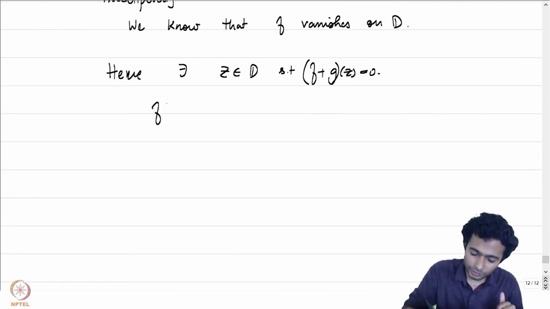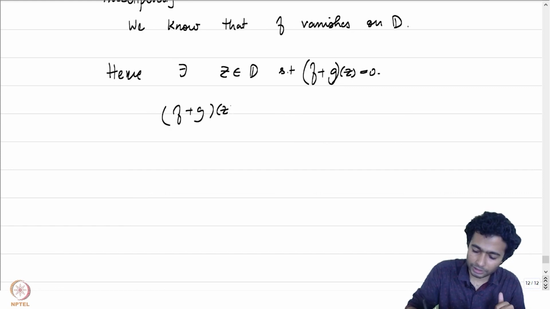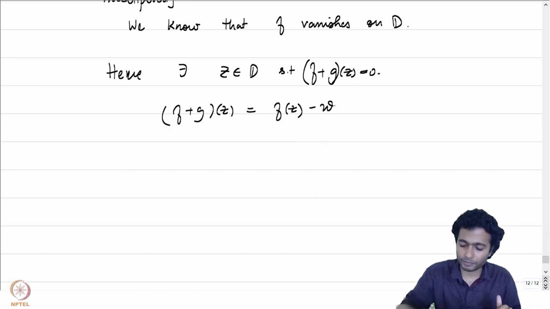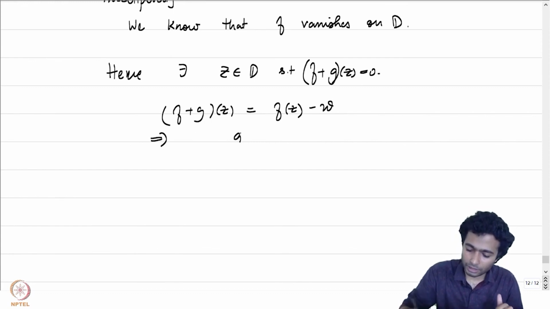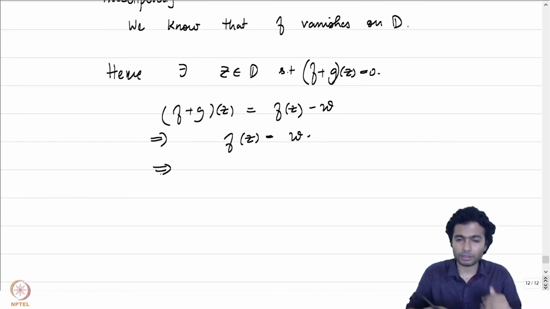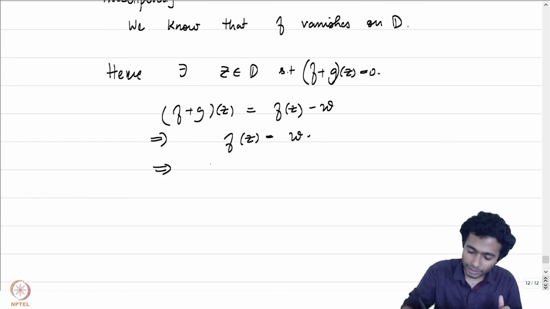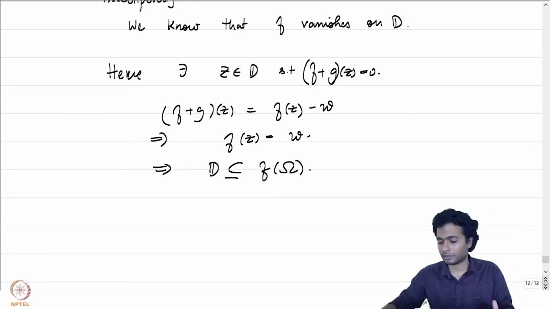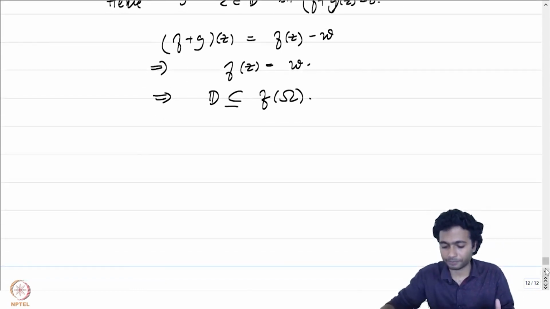But what is f plus g of z? f plus g of z is just f of z plus g of z, which is minus w, which implies that f of z is equal to w. And that tells us that because the choice of w was arbitrary in our unit circle, D is contained in f of omega, and that is precisely what we were trying to prove.